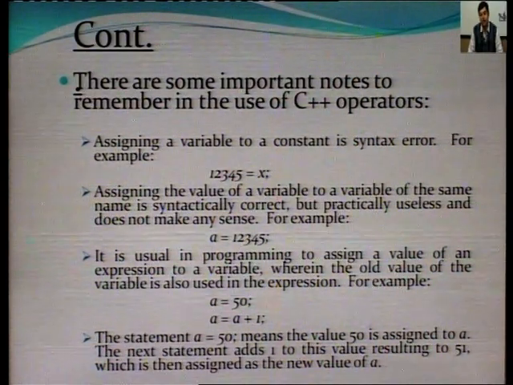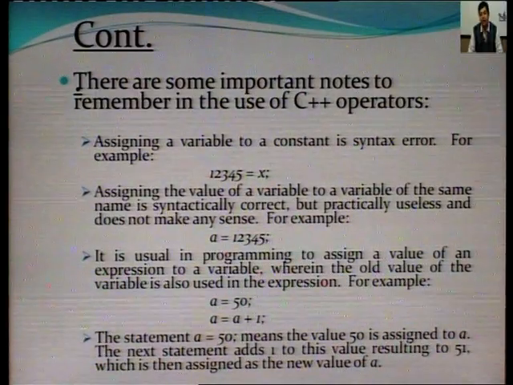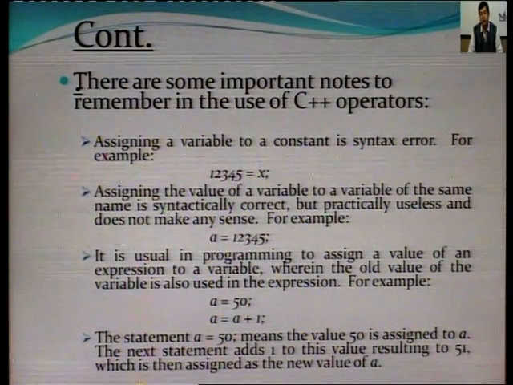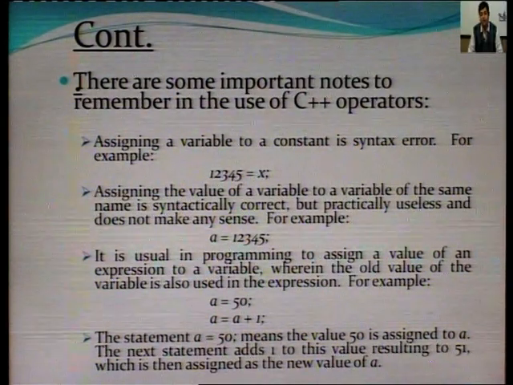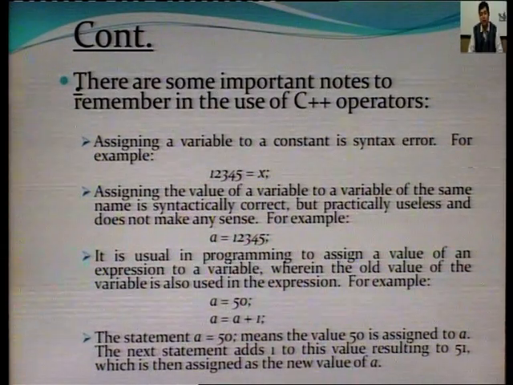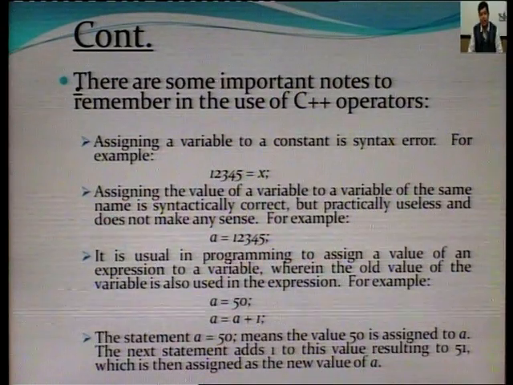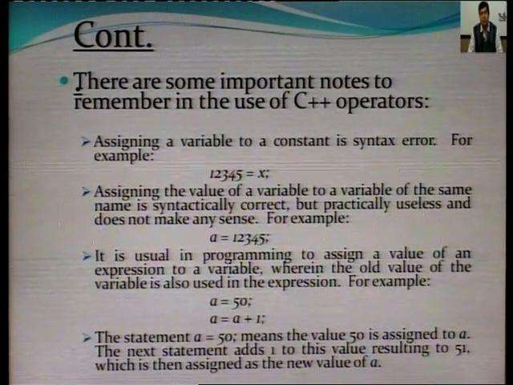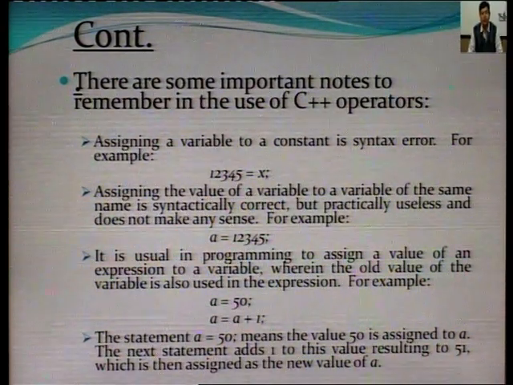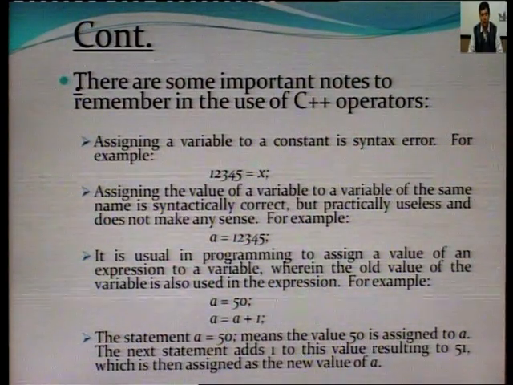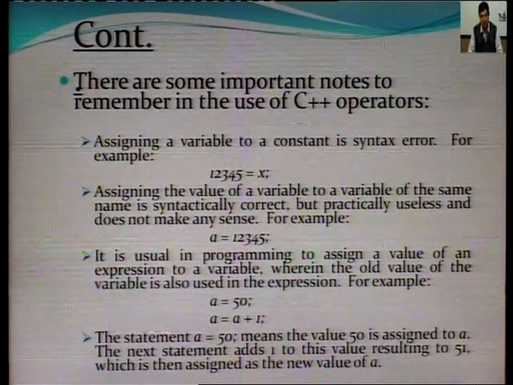So 50 is assigned, then what is happening? The final value of a will be 51, which is obtained after adding 1 to 50 on the right hand side. So the right hand side is an expression which is evaluated, and the value is assigned to the operand on the left hand side.